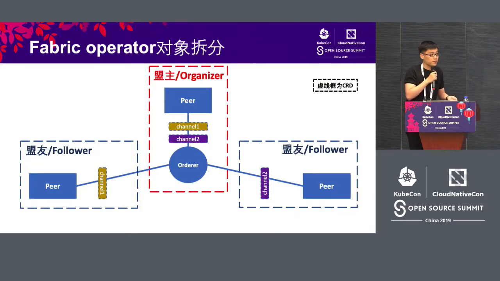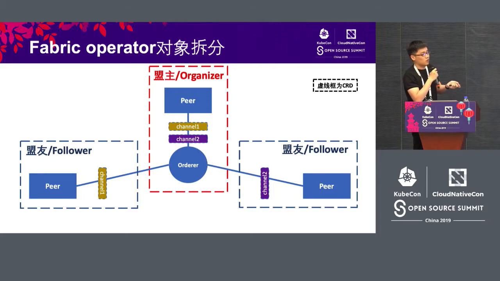First, it is a definition of the CRD. The CRD is a self-defined resource. So while we are thinking about splitting the resources, the starting point is what resources the administrator is to manage.